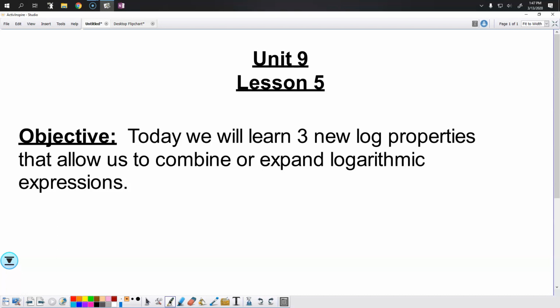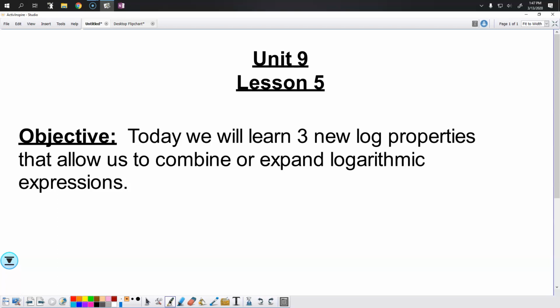So we're learning some new log properties today, and the purpose of these log properties is to help us with taking a complicated looking log expression and crunching it down into something simpler, really. But you can also use them to take something simple and expand it out.